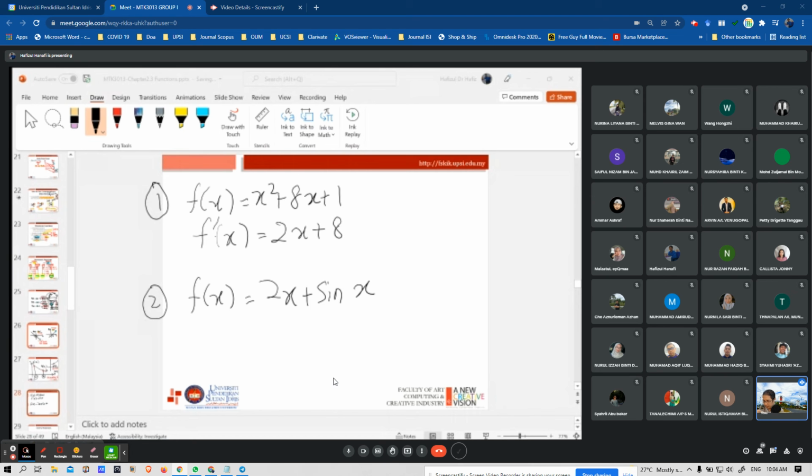Okay, and then here, for example, here we have -4 and positive. Okay, and then we have this one inverse function. This one is not monotonic.